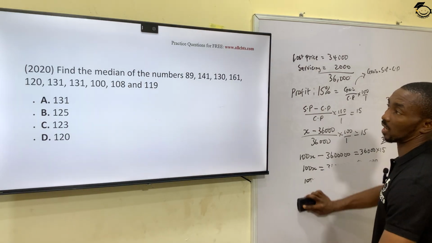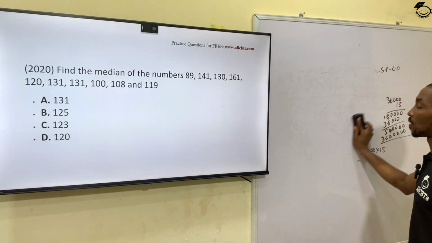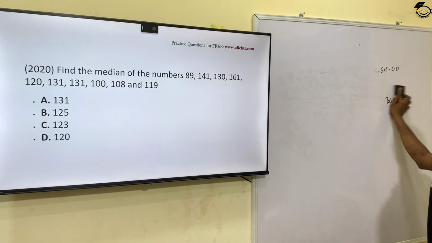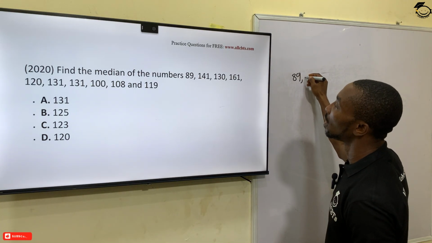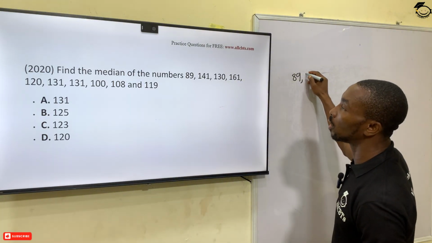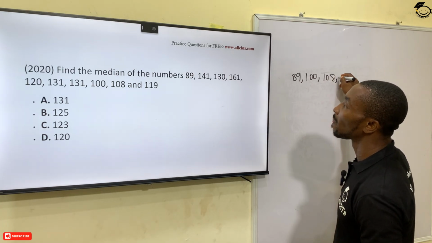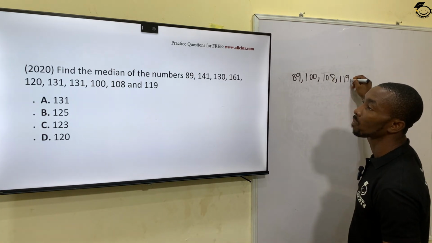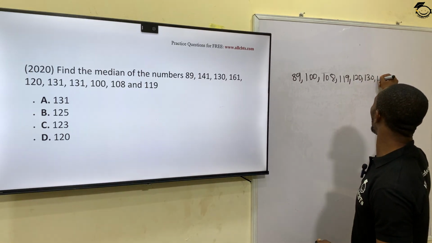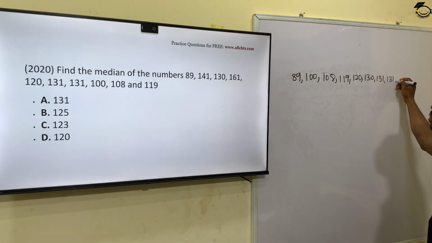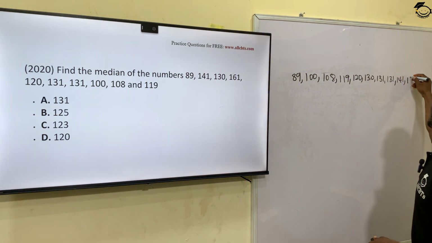And our next question says, find the median of the numbers 89, 100, 108, 119, 120, 130, 131, 131, 141, and 161.